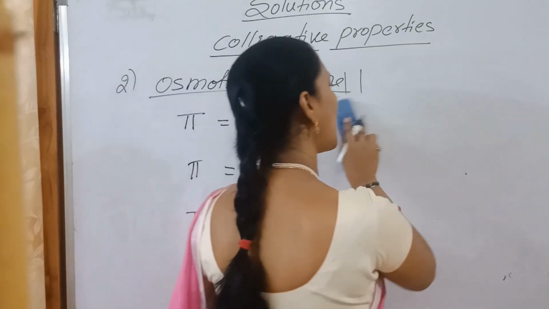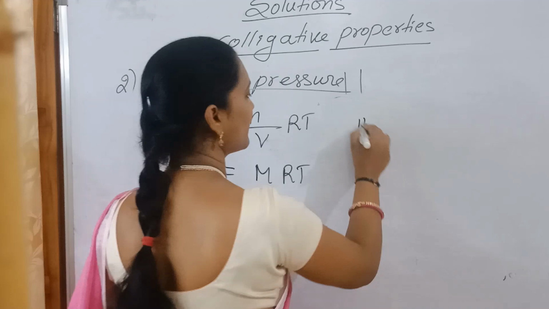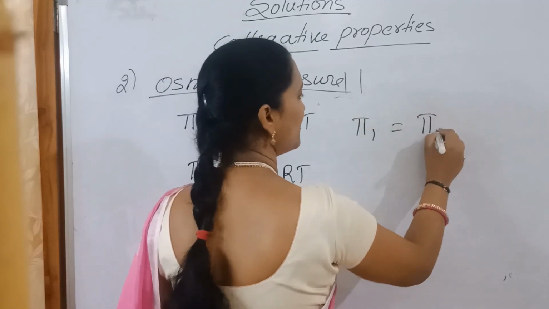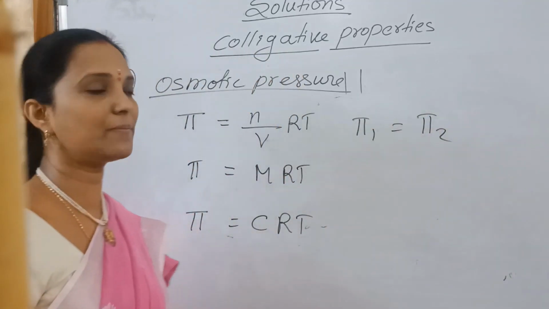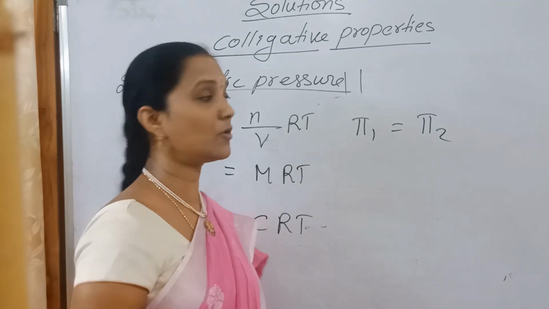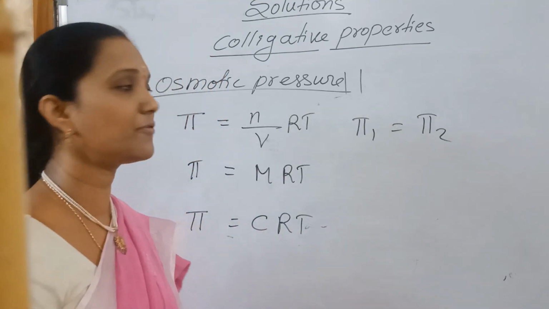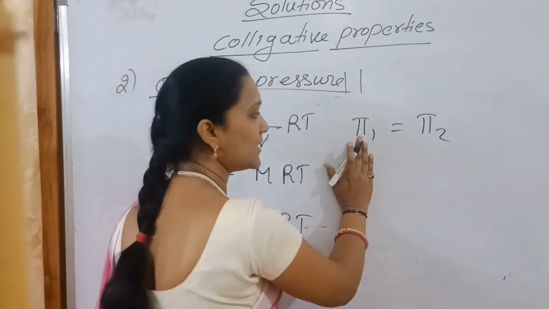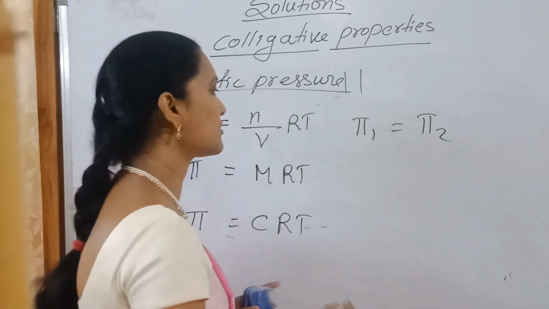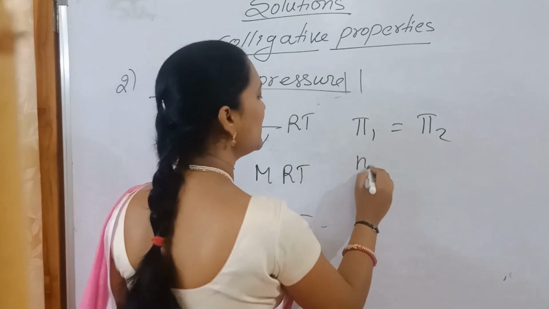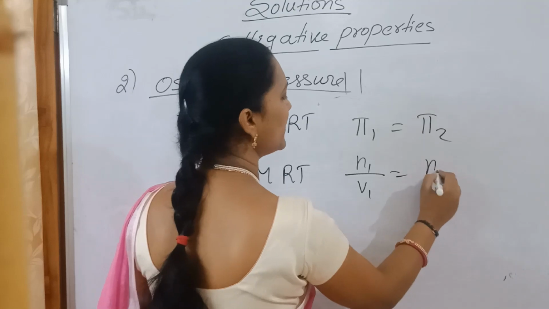If two solutions have the same osmotic pressure, pi 1 is equal to pi 2. Then they will ask to calculate the gram molecular mass of an unknown. Nothing but one is known, another is unknown. So if these two are equal, n1 by V1 is equal to n2 by V2.